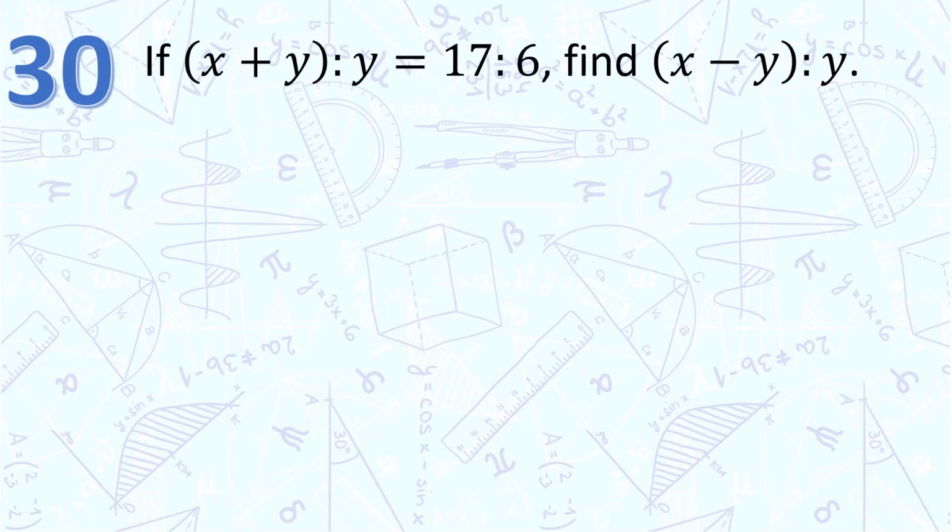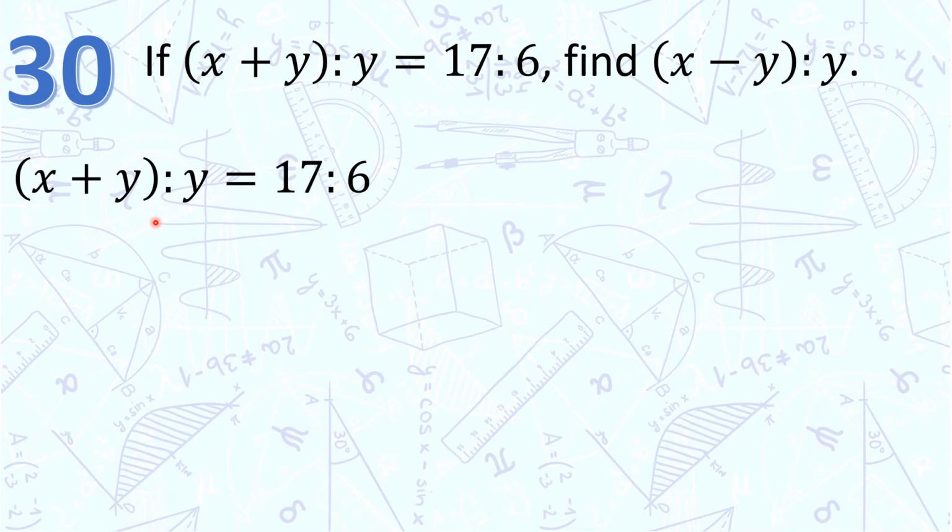Next number. If quantity x plus y is to y equals 17 is to 6, find quantity x minus y is to y. Let us have the proportion.